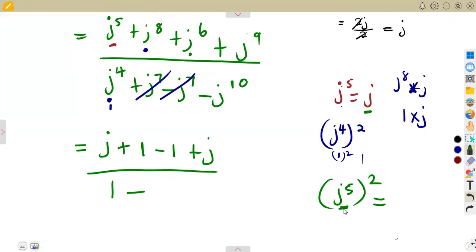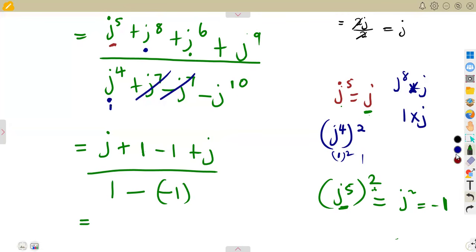So if j to the exponent of 5 is equal to j, it means we have got j squared, because there's a squared here. And j squared is equal to minus 1. So it means j to the exponent of 10 is minus 1. So that's a minus and a minus that we are going to have, which is a plus.